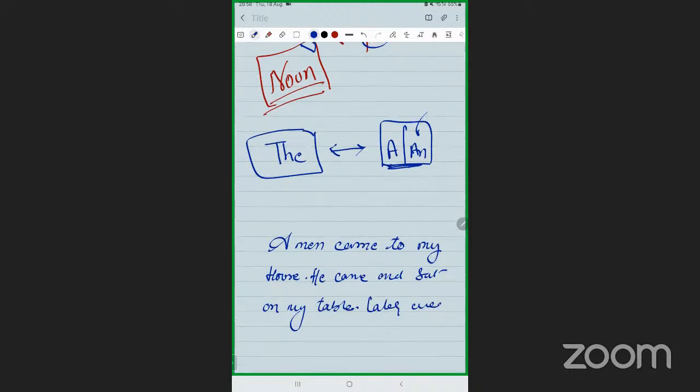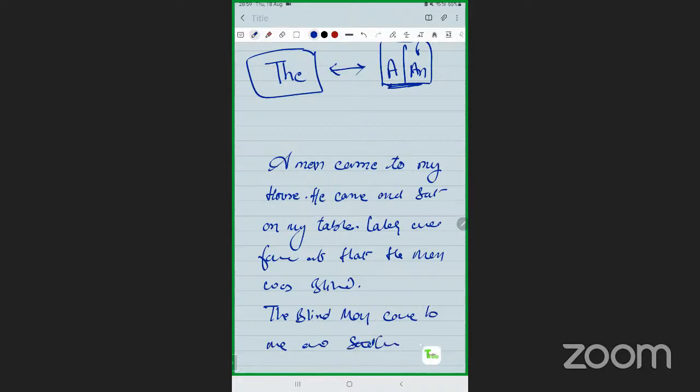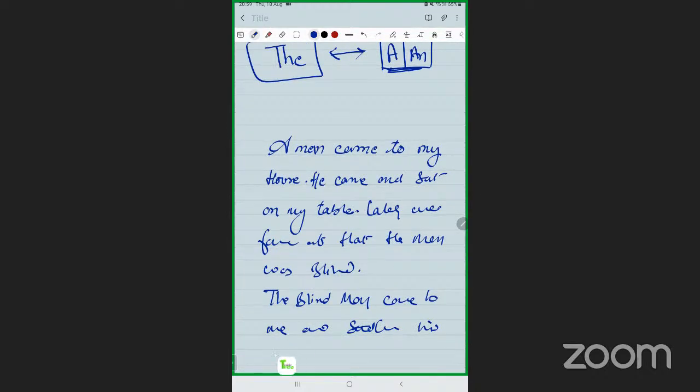Later we found out that the man was blind. Now see, I'm writing the blind man. The blind man came to me and told me his name is Zaid.